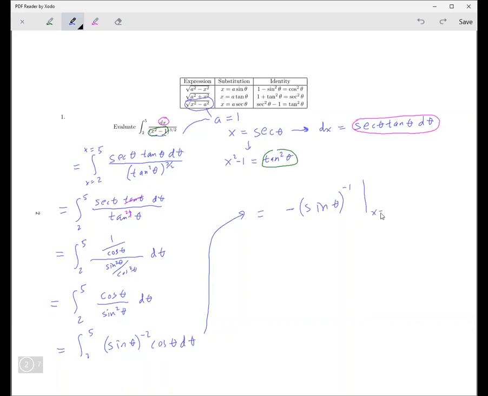And that's going from x equals 2 to x equals 5. Or we could write it as -1 over sine theta. But these limits are not in theta, so you can't just directly plug these in and subtract yet.